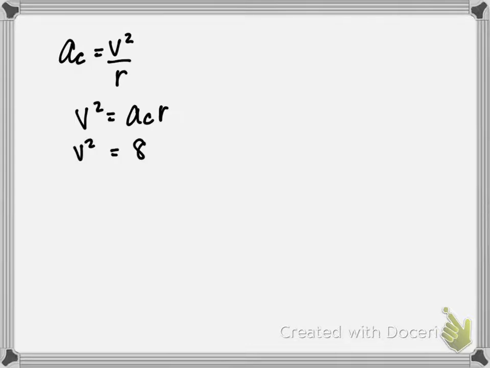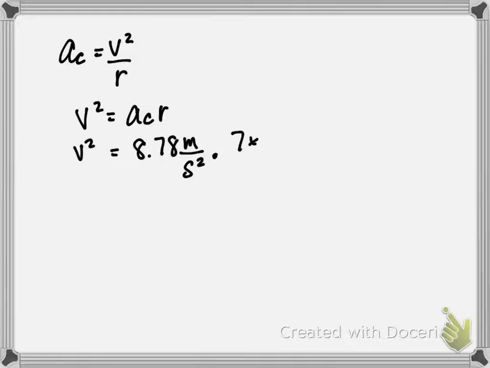So let's see. Centripetal acceleration is v squared over r. V squared gives us centripetal acceleration times r. I hate to write the square root sign, so I usually just stick with v squared. Our centripetal acceleration is 8.78 meters per second squared.